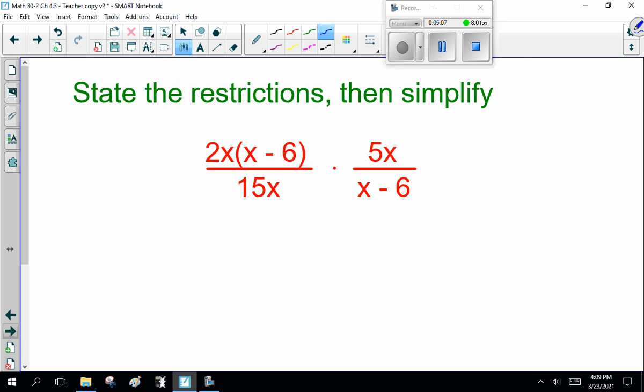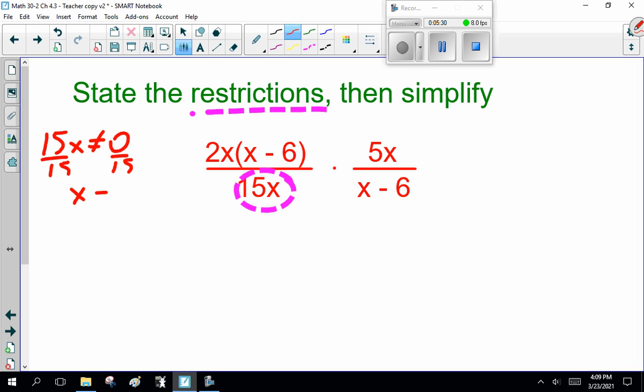Okay, moving on. State the restrictions and simplify. So what are my restrictions here? Well, note I've got two fractions with two denominators that could be 0. So 15x equals 0. So 15x cannot equal 0.